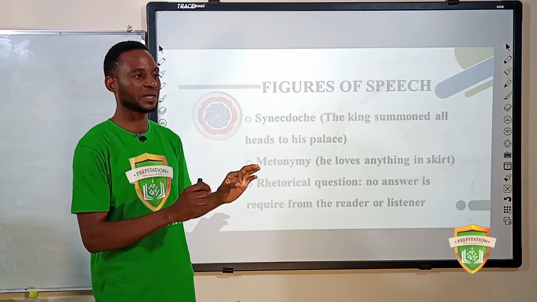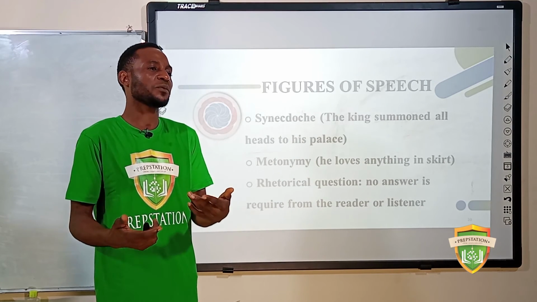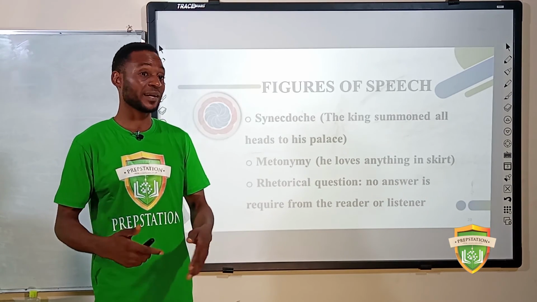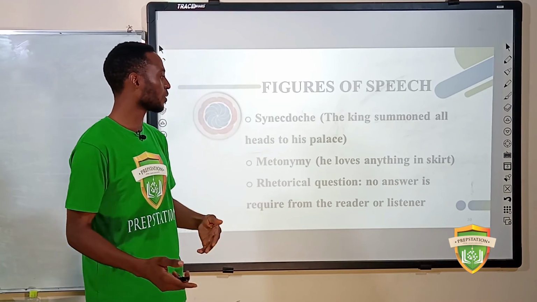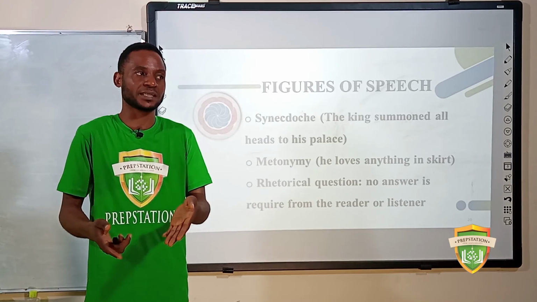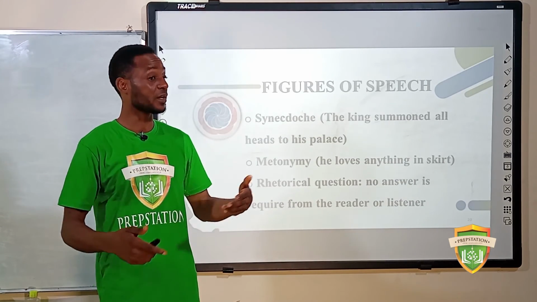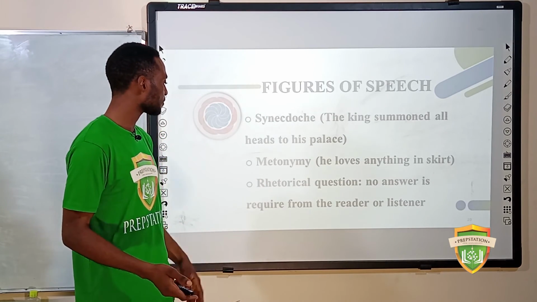For instance, if you say he loves anything in skirt, it's an example of metonymy, in the sense that a certain group of human beings are associated with wearing skirts, and the women are the ones. So if you say he loves anything in skirt, you are particularly talking about he loves women, because women are associated with wearing skirts.